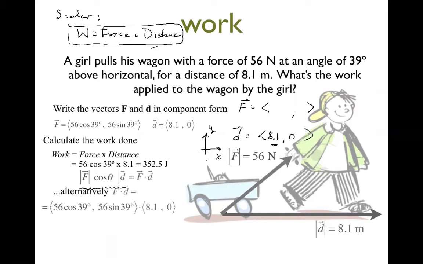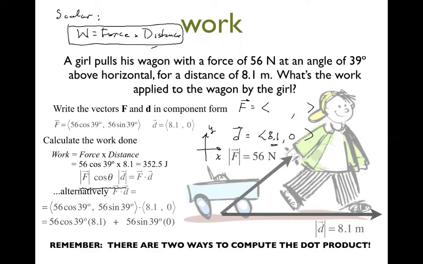So doing it the way you did last night on your worksheet, X's multiplied, Y's multiplied. Same exact thing. It's still back to 56 cosine 39 times 1, because this is 0. So the big takeaway here is there are two ways to compute the dot product in any given situation. They both compute the same value.